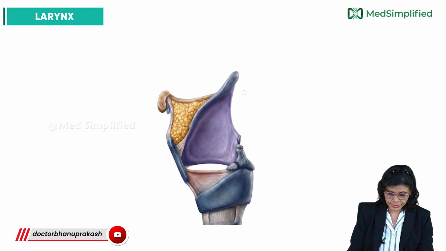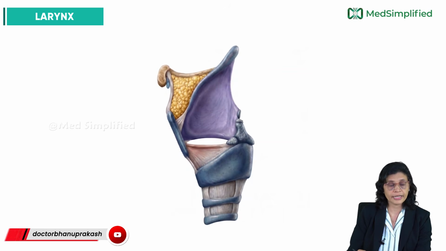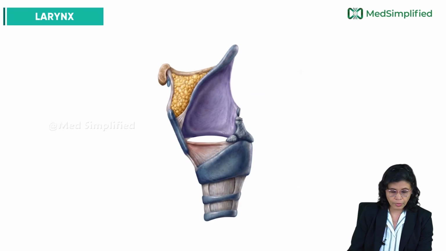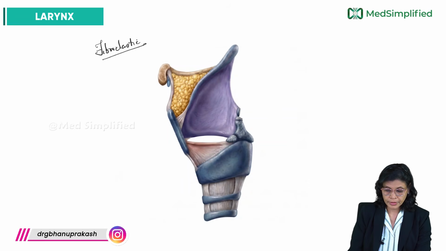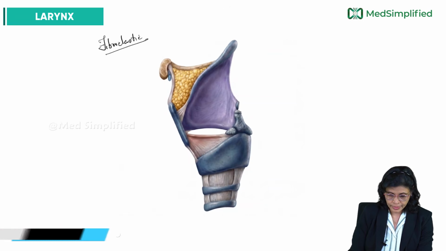Coming to the intrinsic ligaments, these are what we see within the interior. They are all parts of a broad sheet of fibroelastic tissue. Now here we see a sinus, the sinus of the larynx.